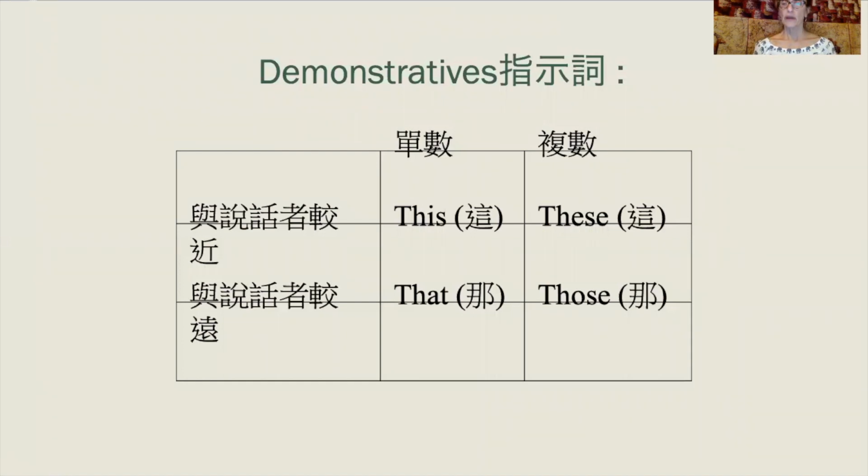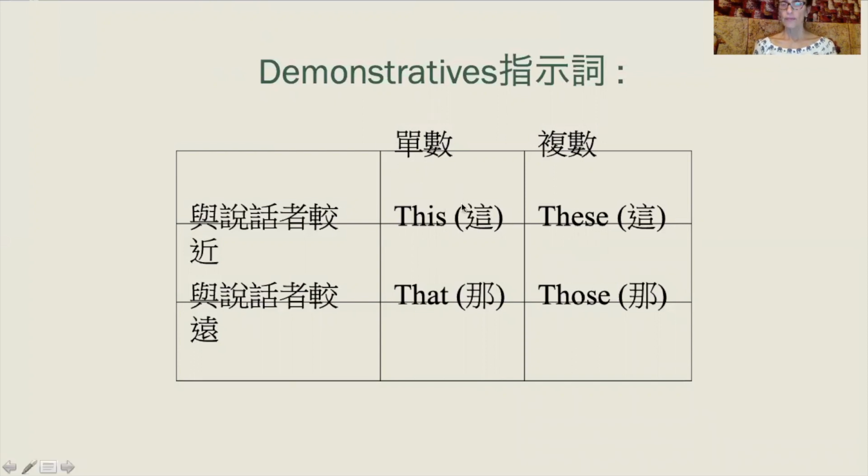And nouns don't appear by themselves. Most of the time, they have an article in front of them: the, or this, that, these, or those. This and these are referring to specific things, nouns, 名词, that are near you.